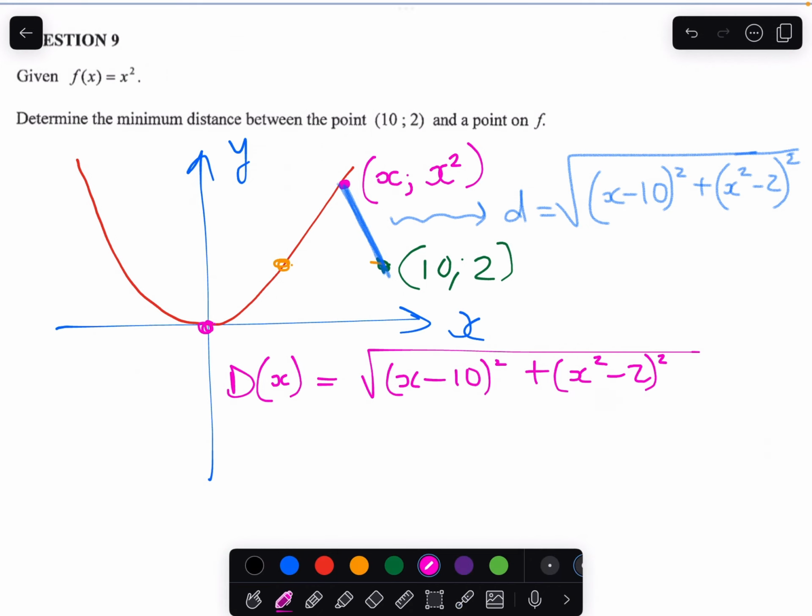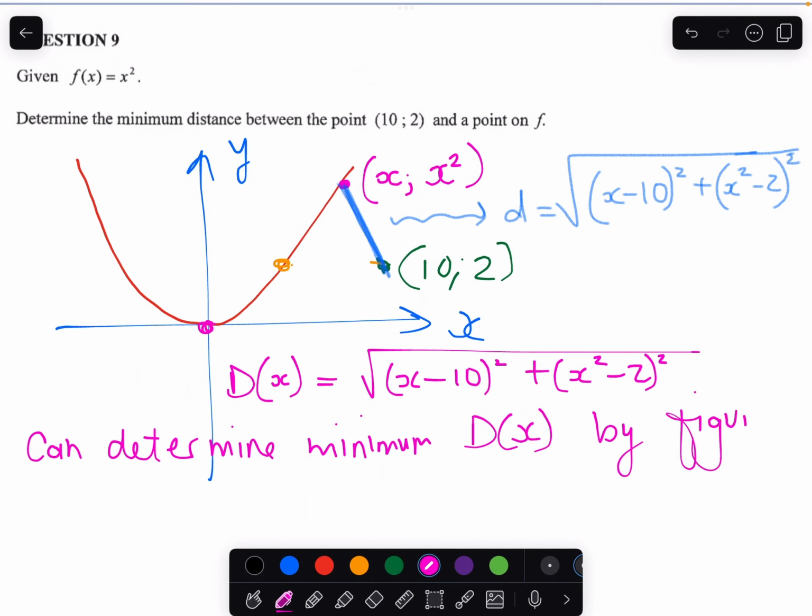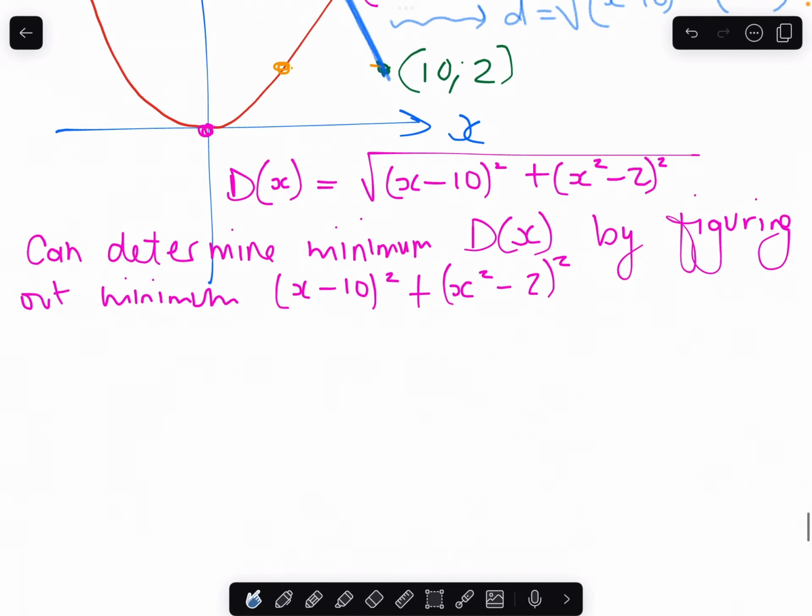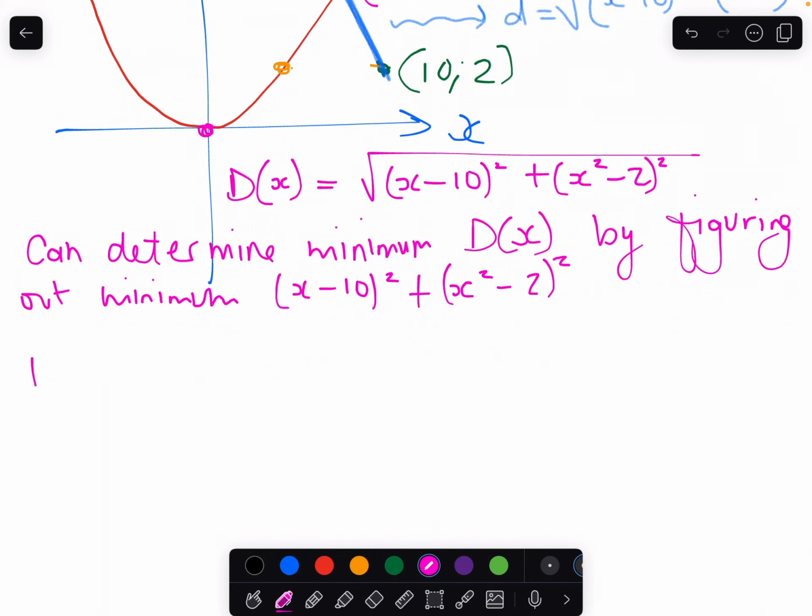So we can determine the minimum D by figuring out the minimum of x minus 10 squared plus x squared minus 2 squared. Right, so it is confusing that I've used D because we used that for derivatives as well. So I'm just going to call it capital F.